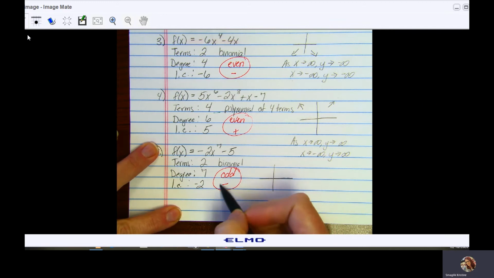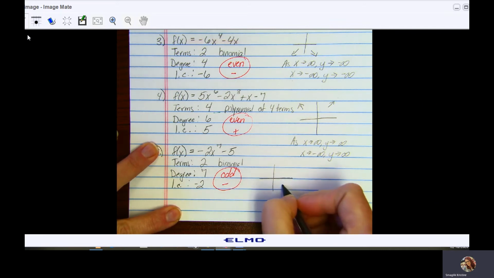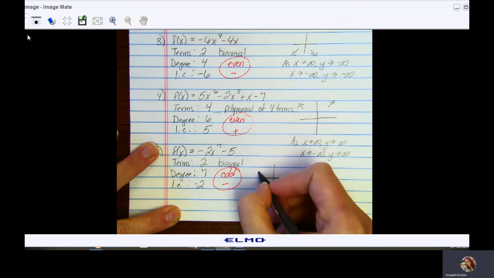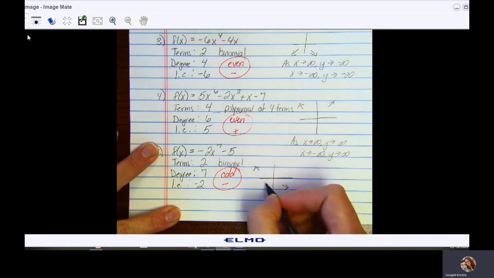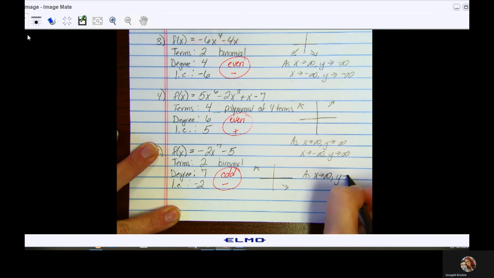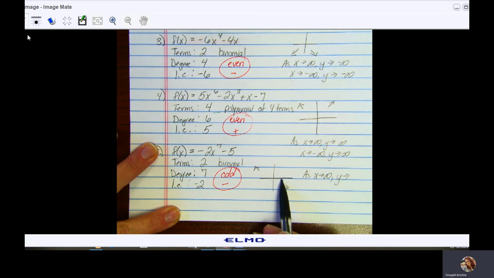So if I have a negative function, my end behavior goes down to the right. And if it's odd, your end behavior goes in opposite directions. So this is going to be up and to the left, down and to the right. So as x approaches positive infinity, x is getting bigger and bigger and bigger.